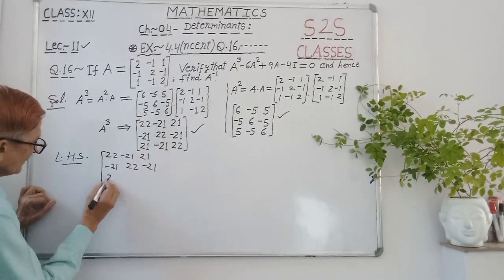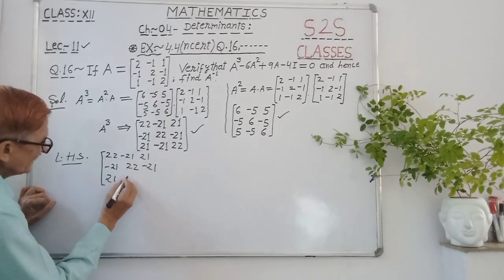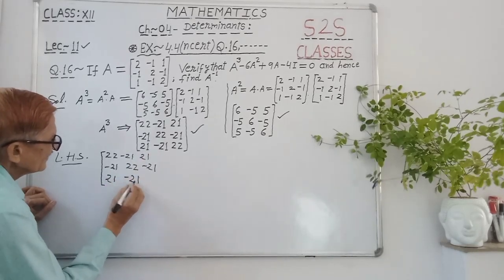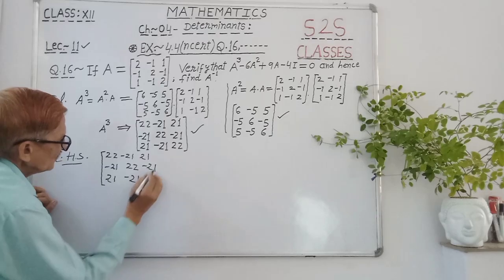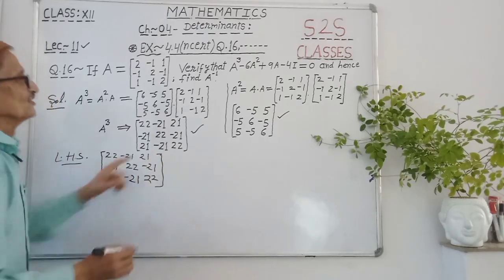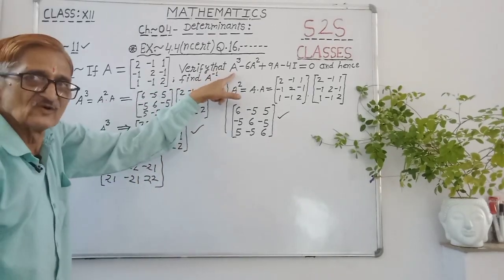Third row, 21 minus 21 and 22. This is A cube, LHS, put A cube.